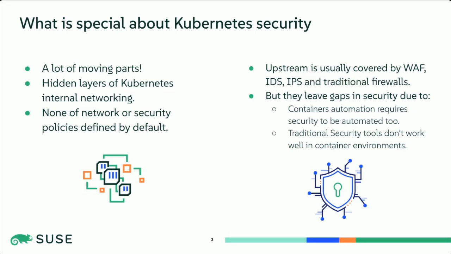Traditional data center equipment, as you see on the right, has a variety of already well-known tools that help you: web application firewalls, firewalls of general nature, perimeter security, things like that. They work pretty well for an environment where you have pretty static configurations and a pretty static set of assets that you protect.